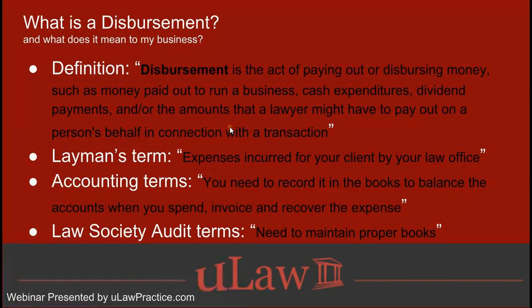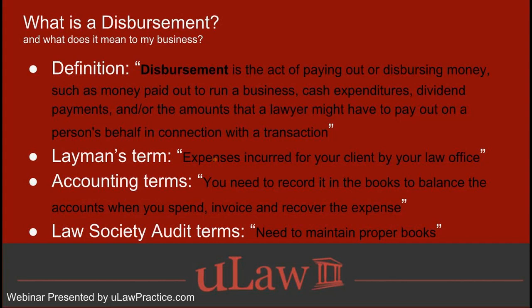So let's start with a layman's definition of a disbursement. In layman's terms, it's really expenses that are incurred for your client by your law office or your legal office. In general, in a legal office you should expect two different types of expenses.